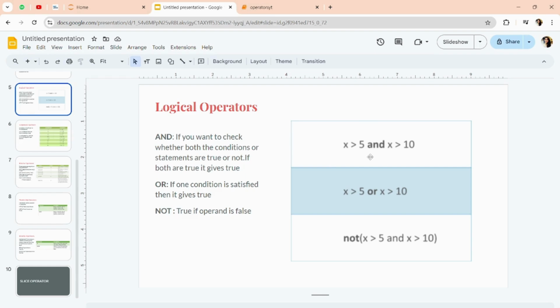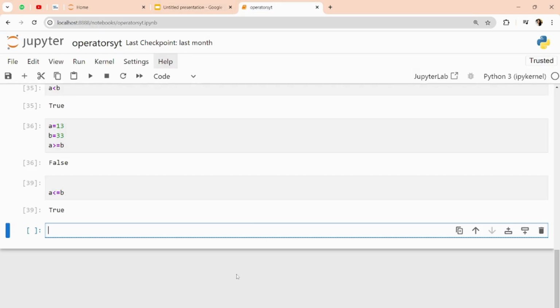If both are false or even one of them is false, it will give you false. But in OR, if one of these two conditions is satisfied, it will give you true. NOT: if it is true, it will give you false, and if it is false, it will give you true. That is the difference.